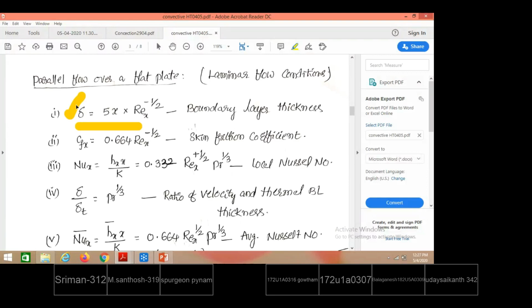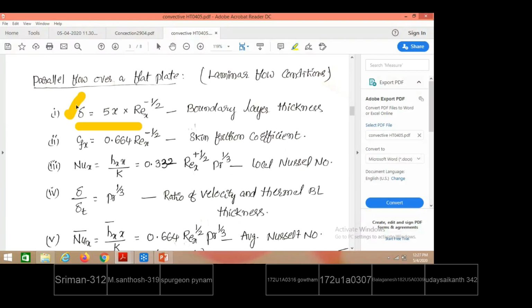Using this at x distance of the plate, the plate we have already seen. There will be an entry region and an exit region. The entry region we call the leading edge, and the exit region we call the trailing edge.